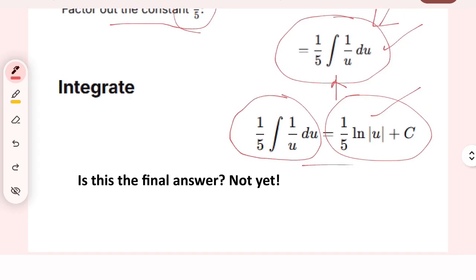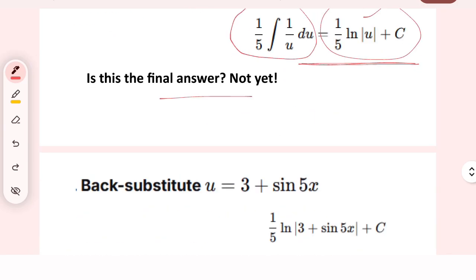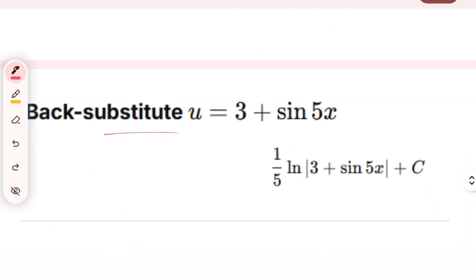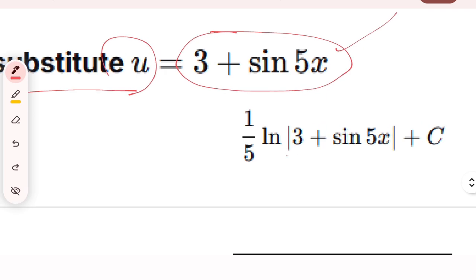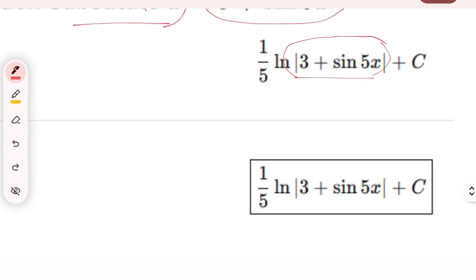So is this the final answer now? No, not yet. We need to put u back, because we substituted u. Remember, we let u equal to this. So we replace u by the correct one. It is now 1/5 ln of 3 plus sine 5x plus c. And that would be our final answer.